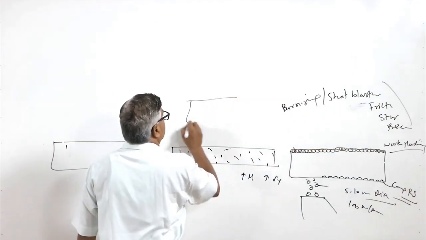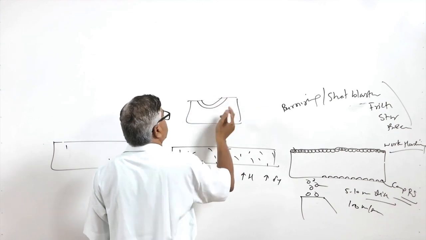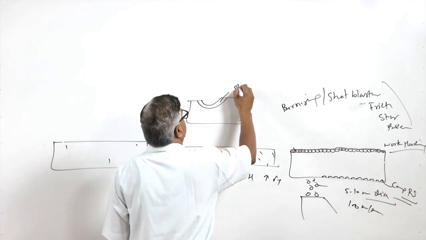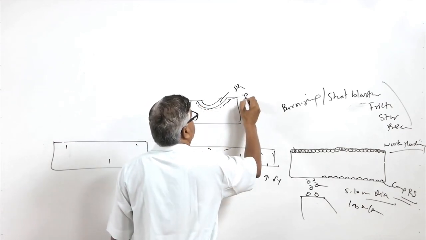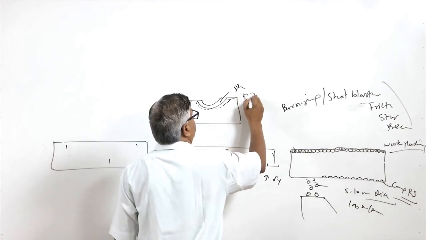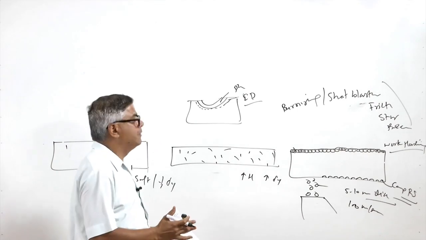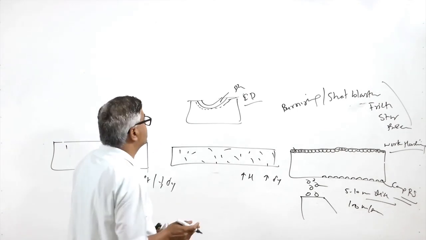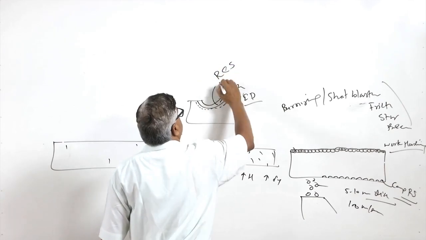Because if just the surface layers have been deformed, this region will be under plastic deformation, but the region below that will be under elastic deformation. This elastic region will always try to bring the material at the surface back to its original position, and because of that it sets in residual compressive stresses.